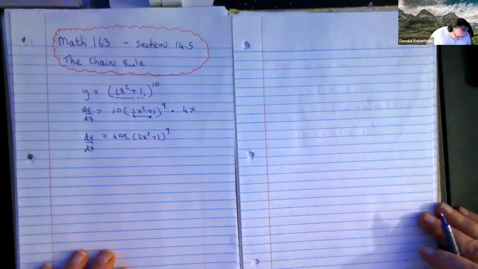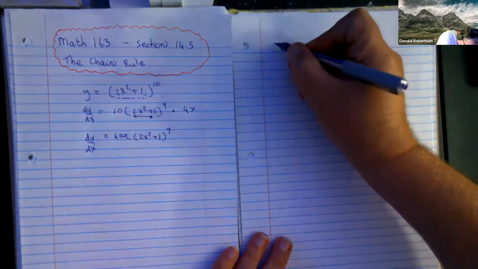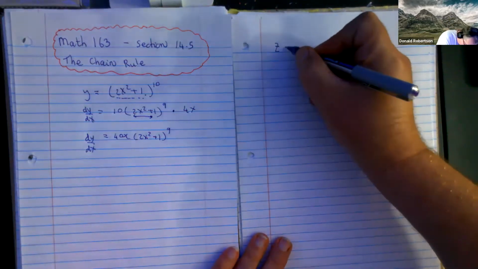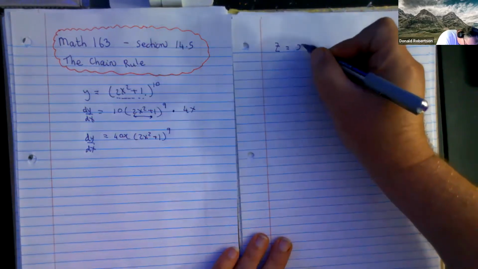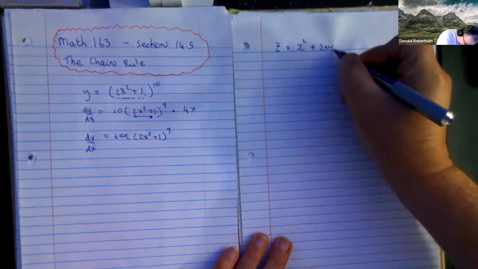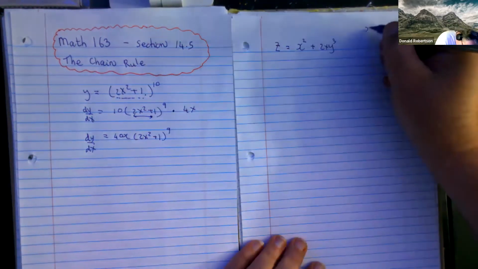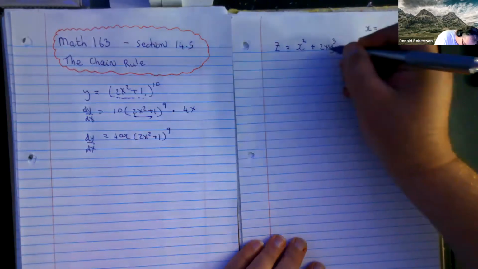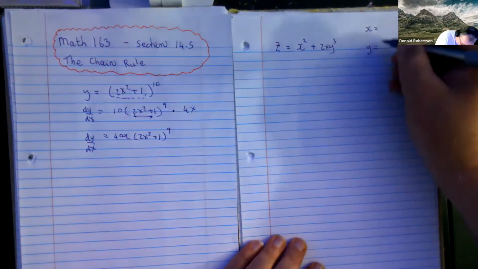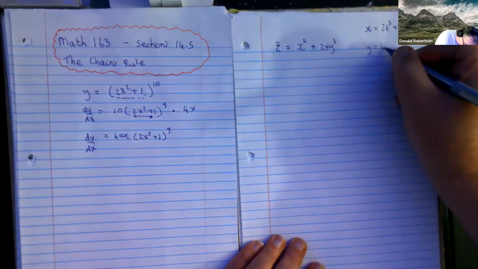So what do we get in our multivariable world? Well, there are different flavors of this, but here's one. Suppose that x squared plus 2xy cubed was my function, and then the x and the y, these two variables, are themselves functions of another variable.